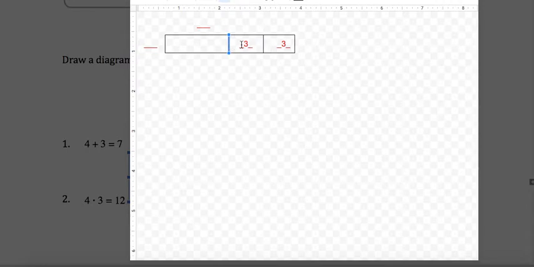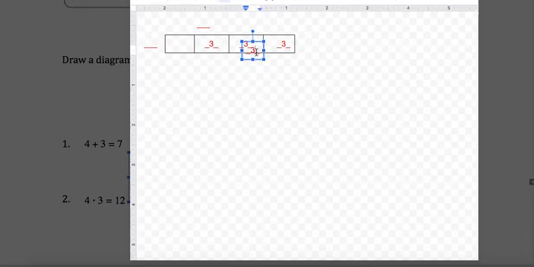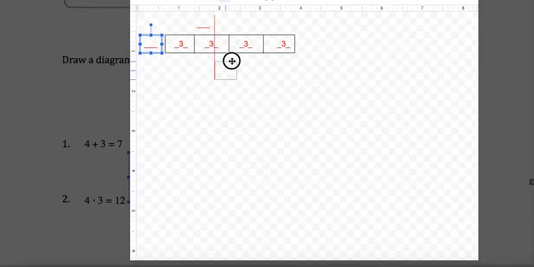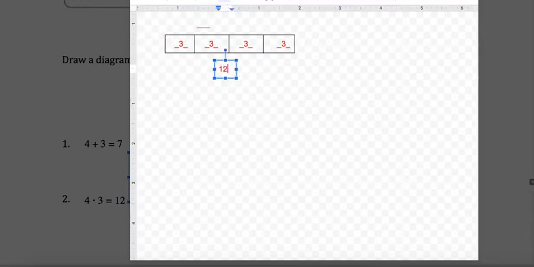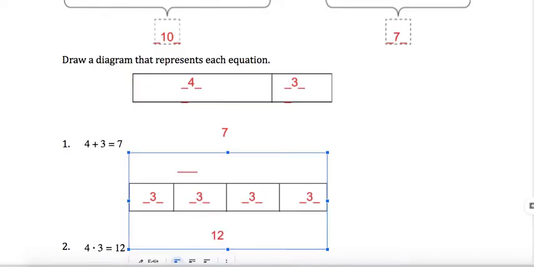And then do it again, Control C, Control V. And I can put this right here. So we can see, click your 3, paste that twice. That 4 copies of 3 make 12. So that is how we show 4 times 3 equals 12.